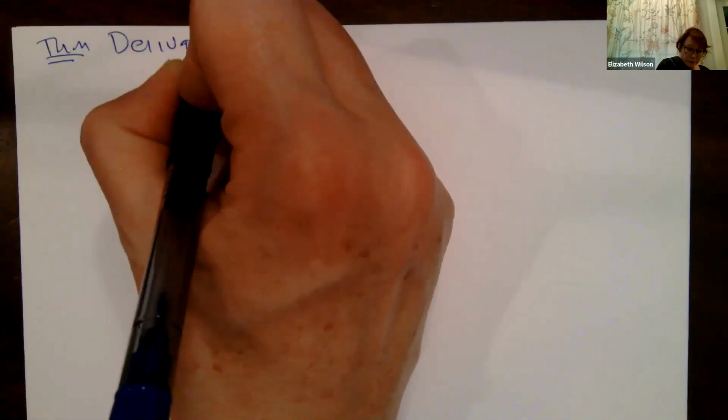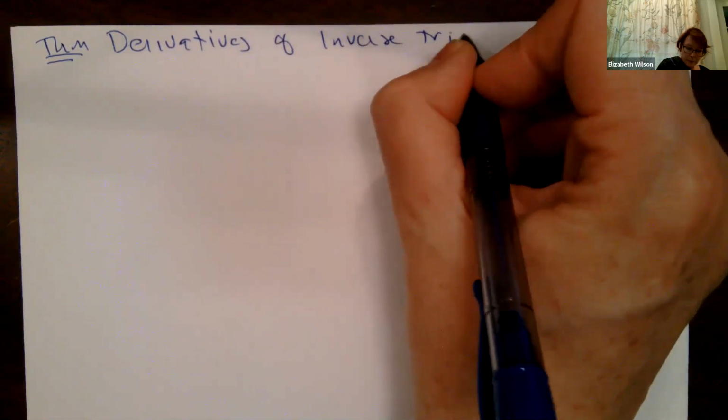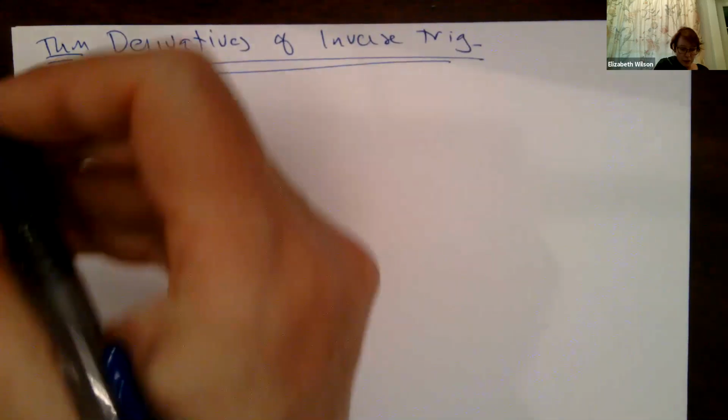In terms of concepts, we're going to derive our inverse sine, inverse cosine, and inverse tangent functions in a later chapter section, but I'm just throwing them out there for you to have now. So, our derivatives of our inverse trig functions.